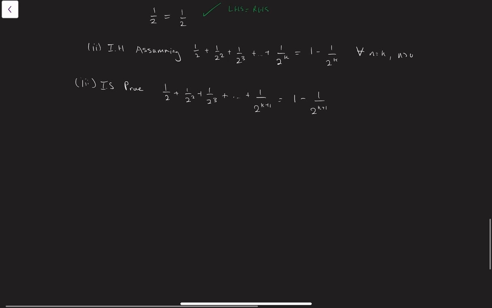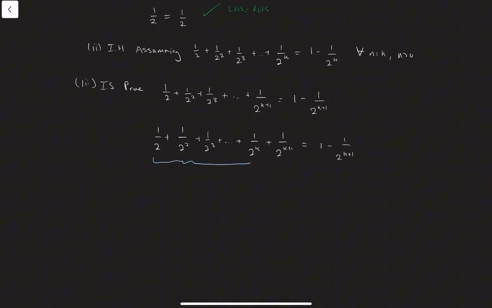Again, we're going to need to use our induction hypothesis somehow. So let's write the term before the k plus 1 term in our summation: 1/2 plus 1 over 2 squared plus 1 over 2 cubed plus dot dot dot plus 1 over 2 to the k, plus the k plus 1 term, 1 over 2 to the k plus 1, is equal to 1 minus 1 over 2 to the k plus 1.